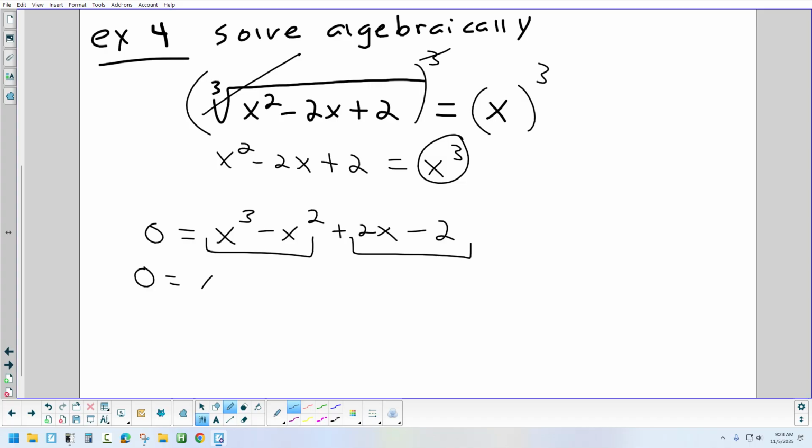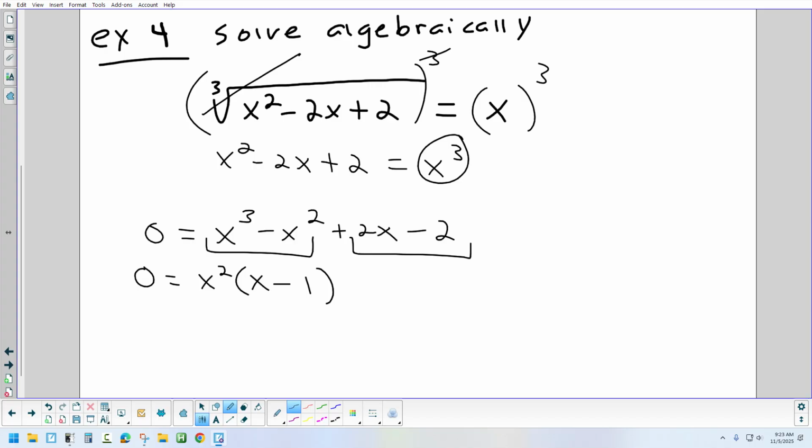X squared. So we're going to factor that out. If you factor out x squared, what would you be left with inside the parentheses? X minus 1. Now, the whole goal with factor by grouping is that when you do it on the second part, you end up with x minus 1 again. If you don't, then you can't do factor by grouping.